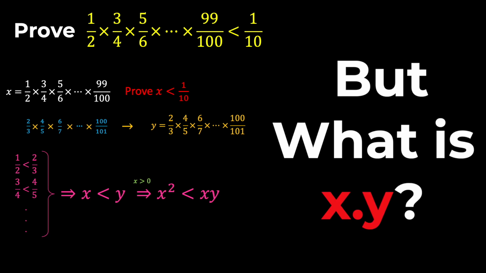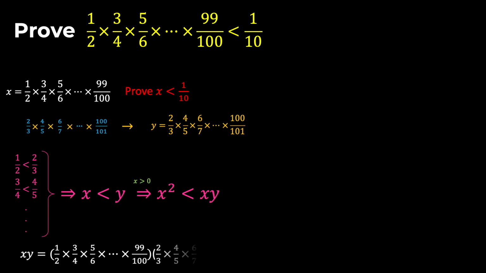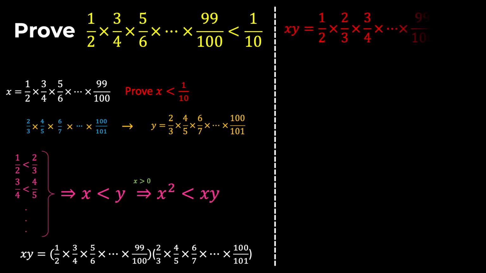But what is x times y? Let's replace x and y with their values. If I do that, and then rearrange the factors, I will have x times y equals 1 over 2 times 2 over 3 times 3 over 4 times ... times 99 over 100 times 100 over 101.